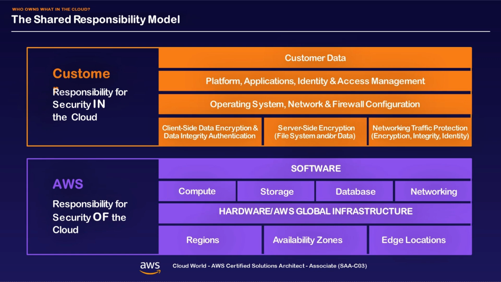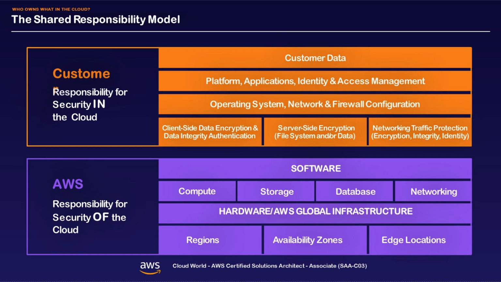They're responsible for the compute, the storage, the databases, the network, and the overall software that runs the entire stack. So things like the hypervisor, for example, which basically just controls the virtualization on top of the physical components of AWS's cloud.